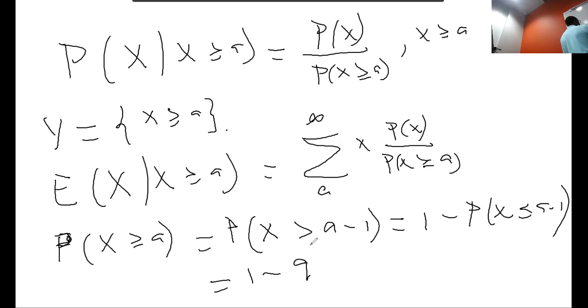And what is this equal to? Remember, our x here are each greater than or equal to a. So this is equal to q to the x minus a times p. This is that probability distribution we had. Do we get what I'm writing?